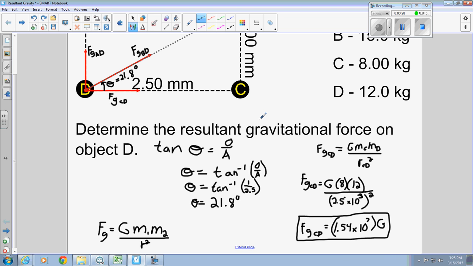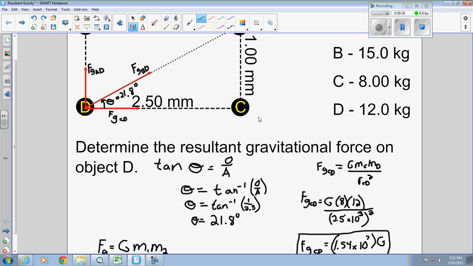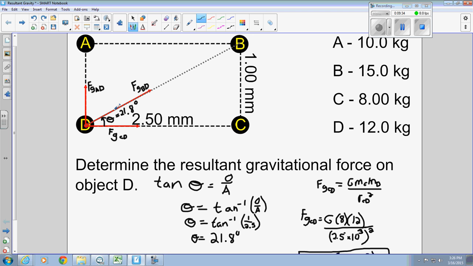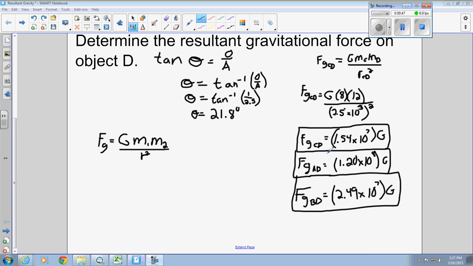It's no different than what we did with figuring out the force of gravity before. So figure out the force of gravity from B to D and A to D, and take a second to figure those out, and I'll show those values next. So your force of gravity from A to D and from B to D are as such.